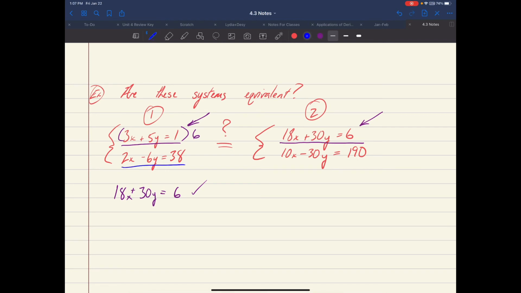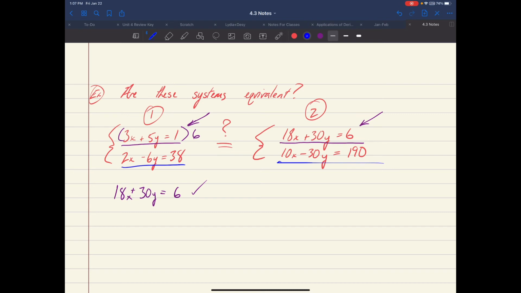2x minus 6y equals 38, and 10x minus 30y equals 190. So is there a number we can multiply by one equation to get the other equation? If I look at the 2x and the 10x, what would I multiply by 2x to get the 10x?